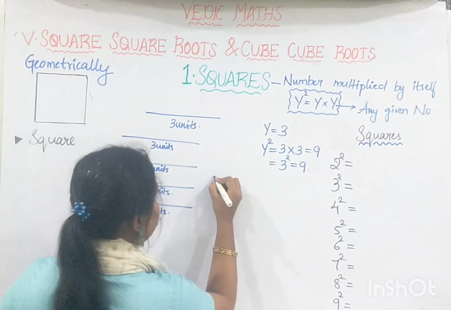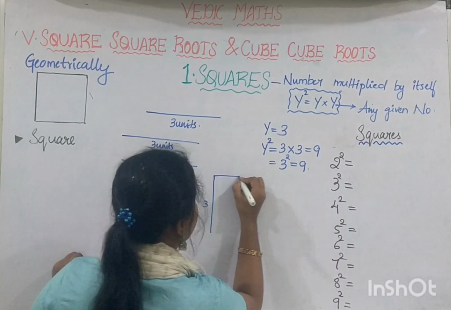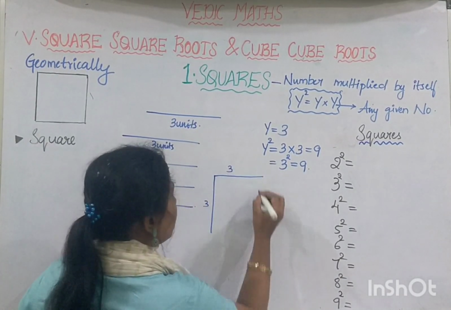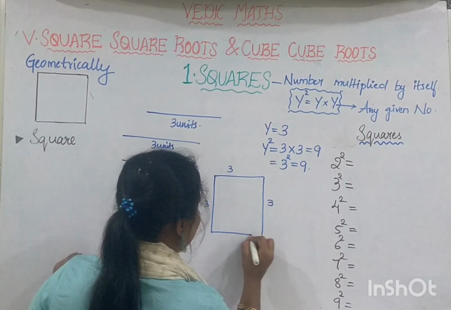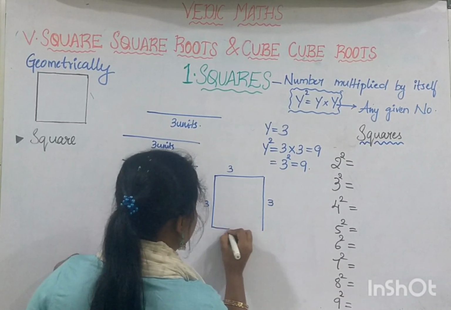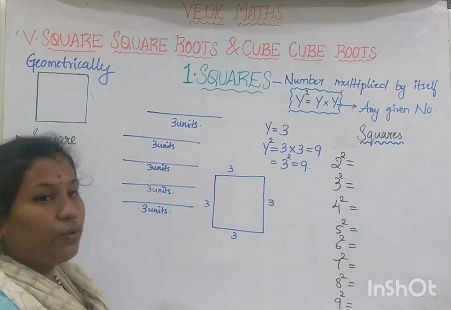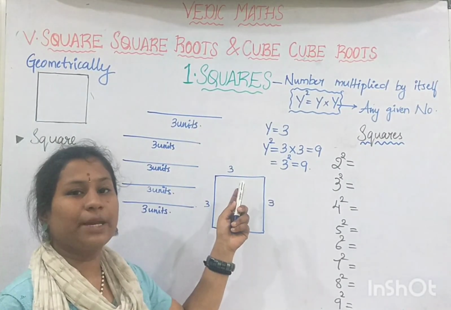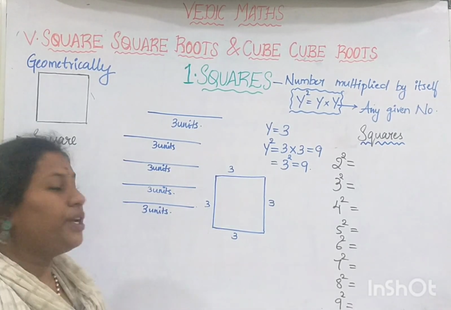This is one line segment of 3 units, this is one, this is one, and this is one. Now we have formed a square with the 4 line segments of 3 units.